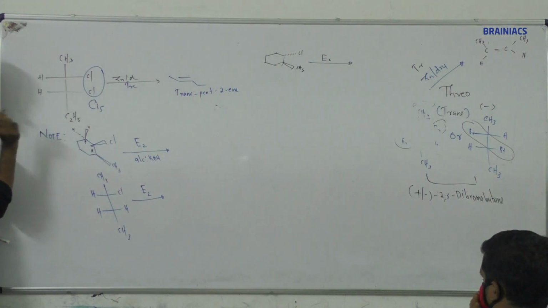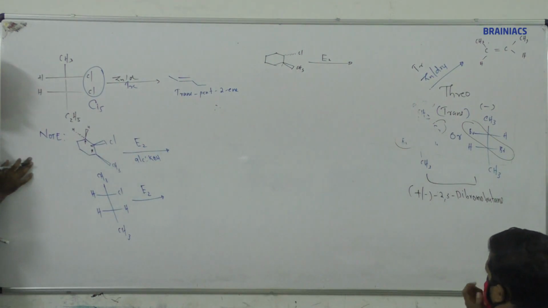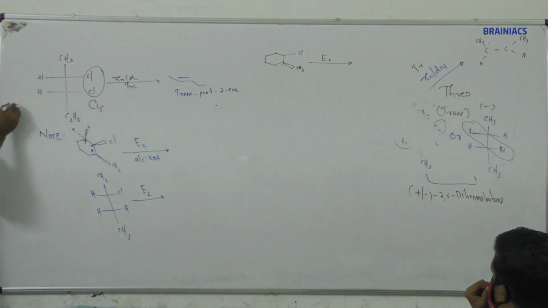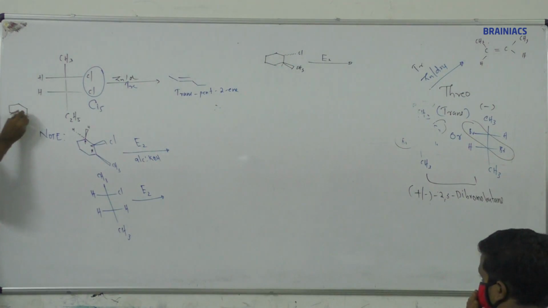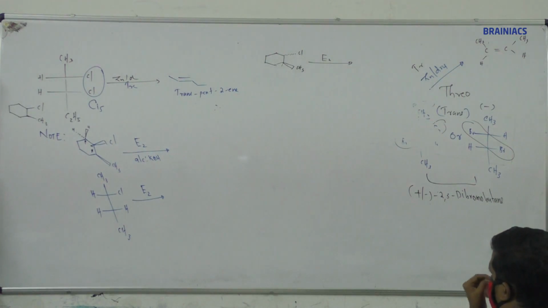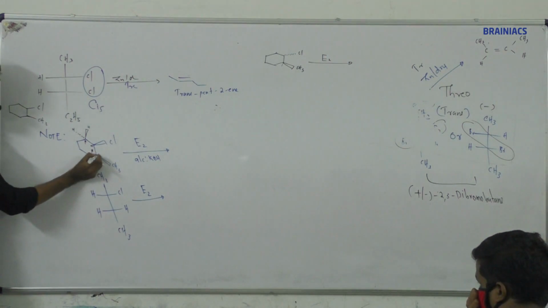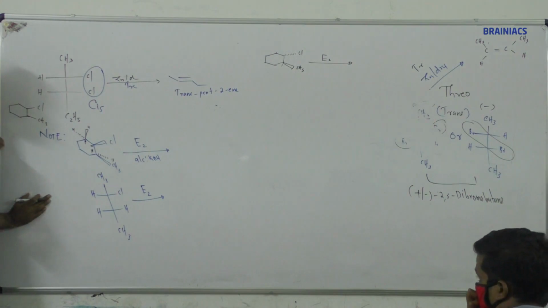Which is the Saytzeff position? Look at this molecule in a structural pattern, Cl. Which one is the Saytzeff position? This one. Agreed? And here there is a hydrogen, right? Which is in dash.